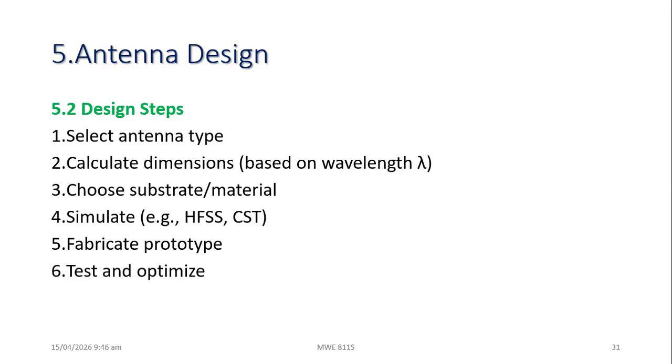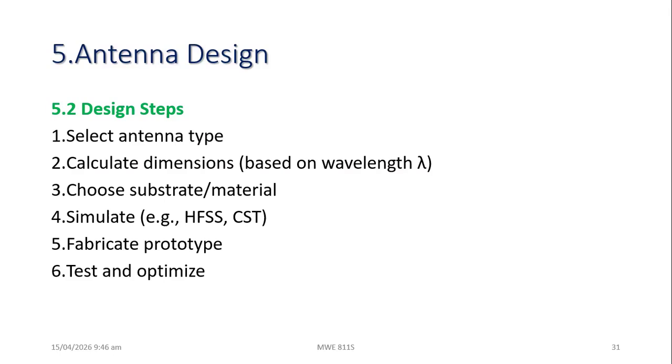We call it a prototype at this stage because once you have made that prototype, it will need to be tested further to see whether it is behaving as per simulations. If you find that it's actually behaving as per simulation or even better, then that's when you do what is known as testing and optimization.